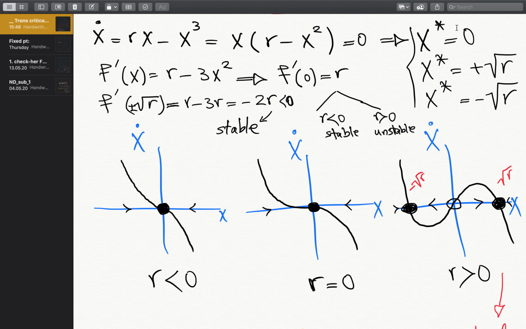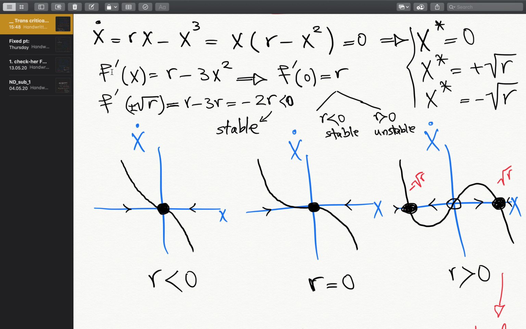Therefore, at the fixed point x star equal to 0, we have f prime of 0 equal to r, because x is 0 here, and you can forget about this part. And f prime at the other two fixed points, which are valid for positive r, is r minus 3 times the square root of r squared, therefore r minus 3r. It is going to be minus 2r.